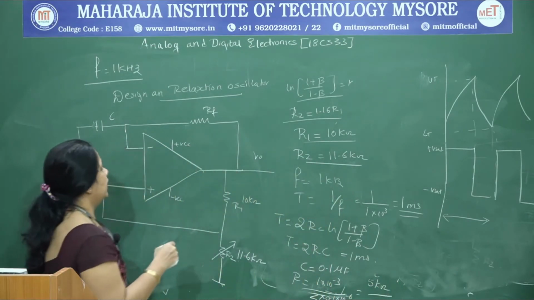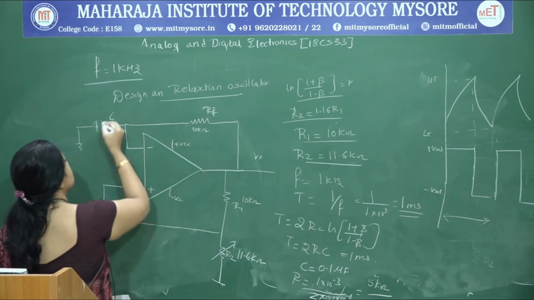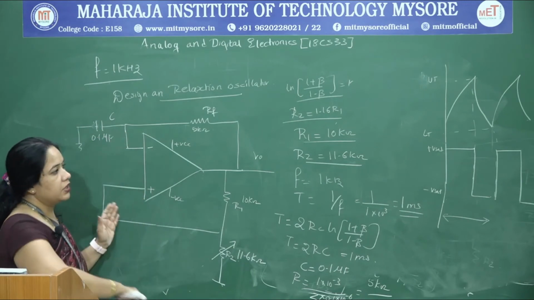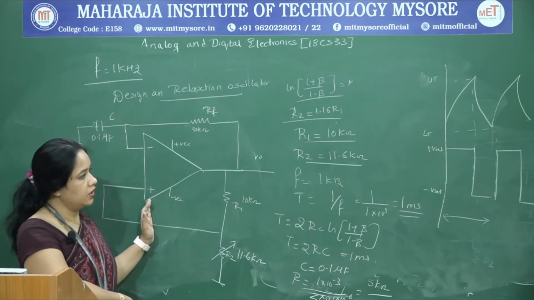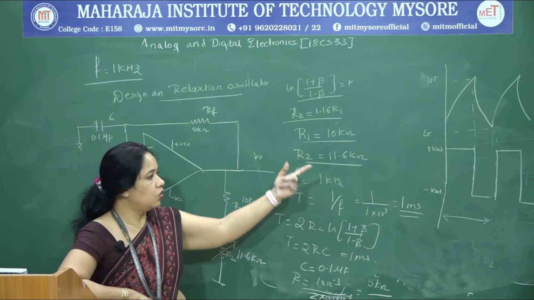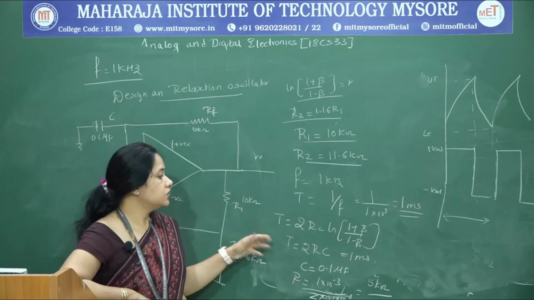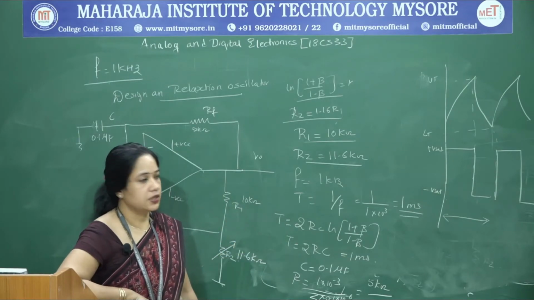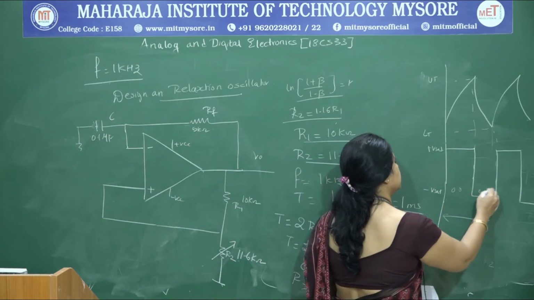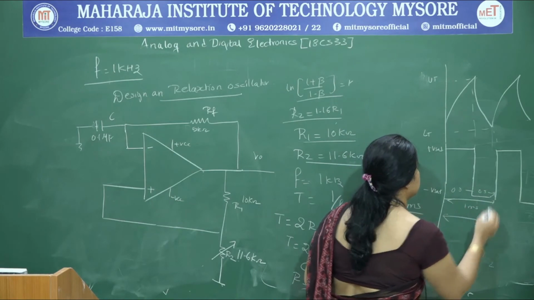You can take 4.8, which is nearest to it. So, C is 0.1 microfarad, and you end up getting a relaxation oscillator which generates output oscillations of frequency 1 kilohertz and time period equal to 1 millisecond. This is going to be 0.5, this is going to be 0.5, total time period is 1 millisecond.